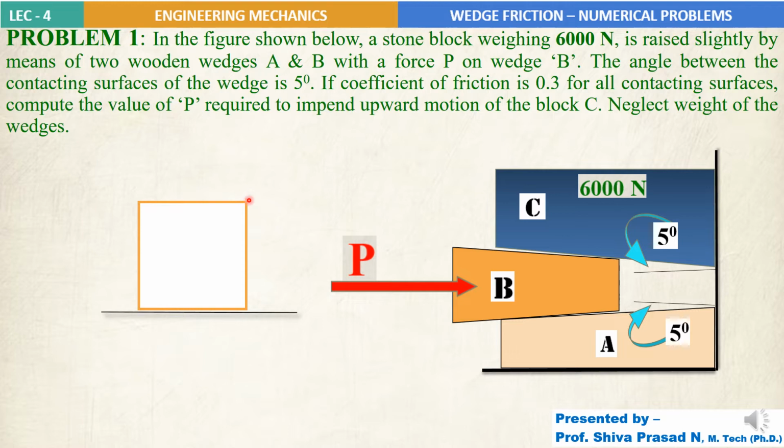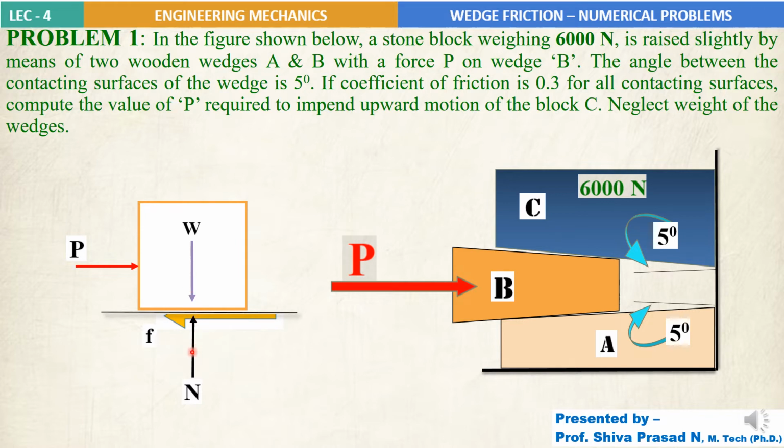You know that any weight placed over a contact surface develops a normal reaction at the contact surface, and if this weight is pulled or pushed by means of an applied force, then there comes into picture a frictional force F in the opposite direction of the applied force.